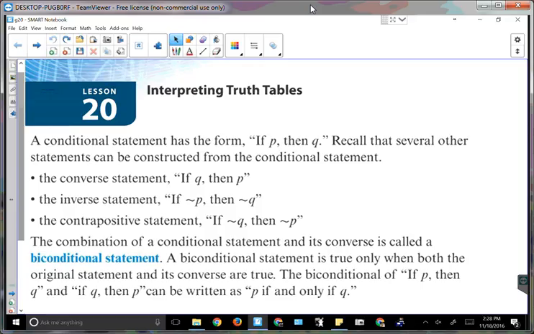Now, what we're going to take a look at is called the biconditional statement. And that simply means that if one thing happens, then another thing happens. And if that other thing happened, then the first thing had to happen. For example, if you were told by your parents that you could go to a movie tonight if you cleaned your room, and you were observed at the movies, does that necessarily mean that you cleaned your room?